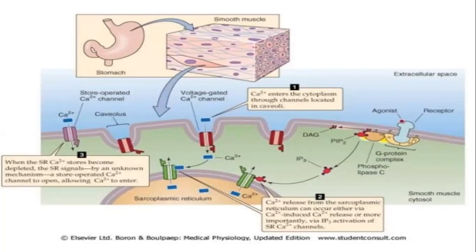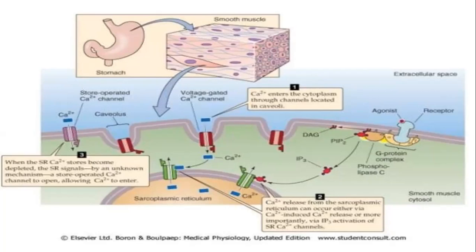Here in this muscle, there is lacking of troponin, while in the skeletal and the cardiac muscle, we saw there was presence of troponin. Myosin in the smooth muscle must be phosphorylated for activation of myosin ATPase. In the cardiac and the skeletal muscle, the myosin head has got auto ATPase activity.